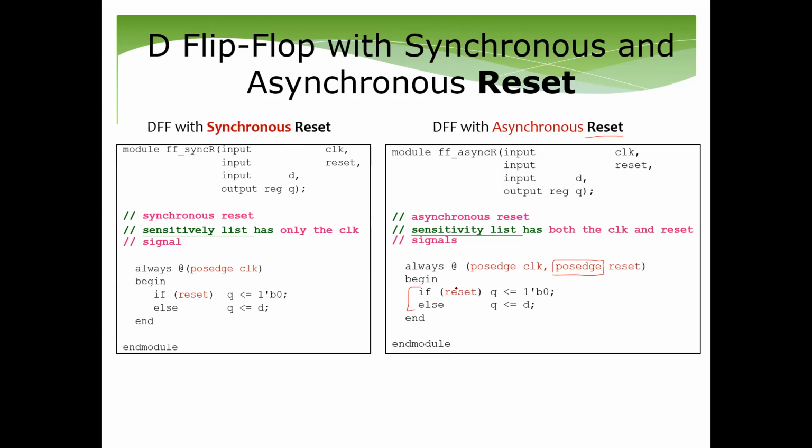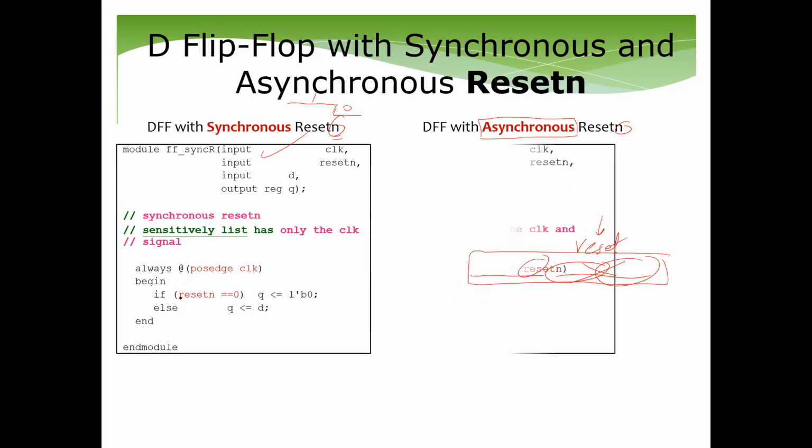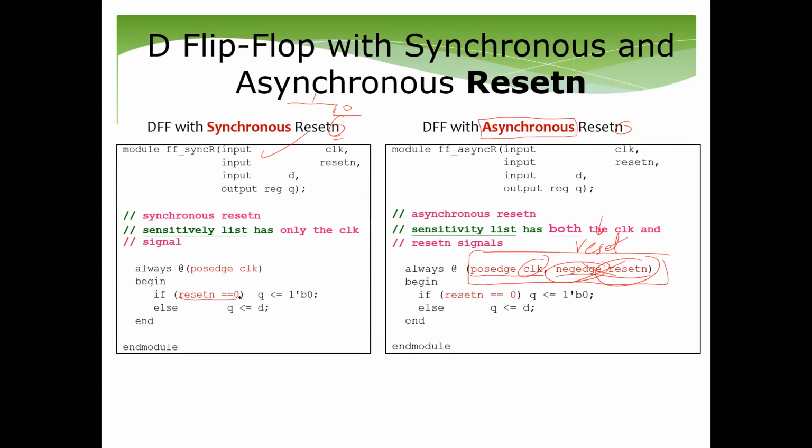Inside your always statement, first you're going to check on your reset in both cases, whether it's synchronous or asynchronous. If reset is active, you will set Q to 0. Of course, this is for an active high reset. If it's an active low reset, like the previous slide, you need to check if reset equals 0, or you can use not reset n.